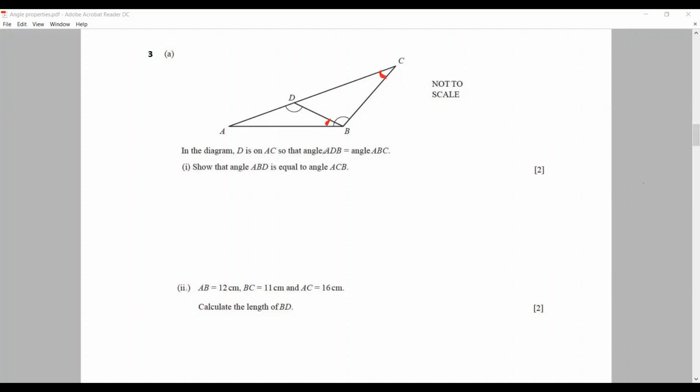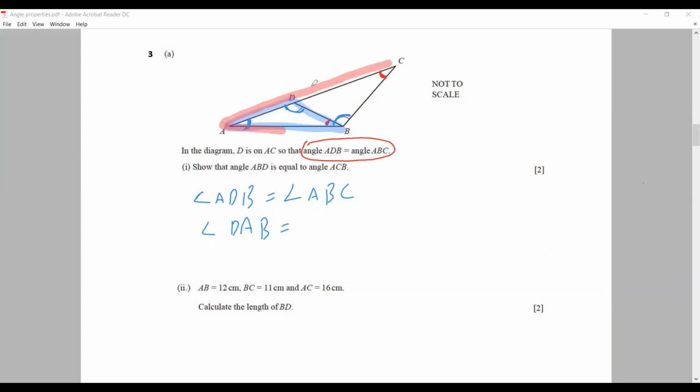And I also know that they have one equal angle here. That would be ADB, and this angle. Angle ADB is equal to angle ABC from the bigger triangle. And then what else? We know that this angle is shared between them, right? The angle DAB from the smaller triangle, and by smaller, I mean this one, the blue one, and the bigger one, maybe I label it, yeah, with the red color.